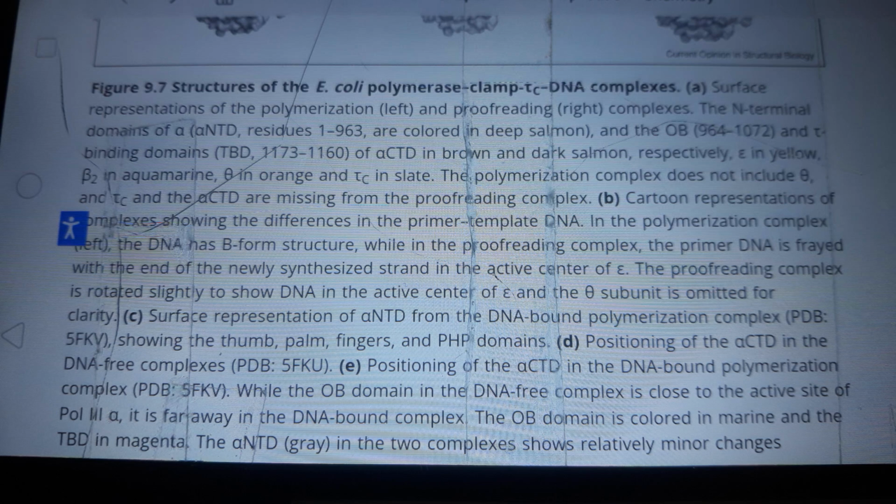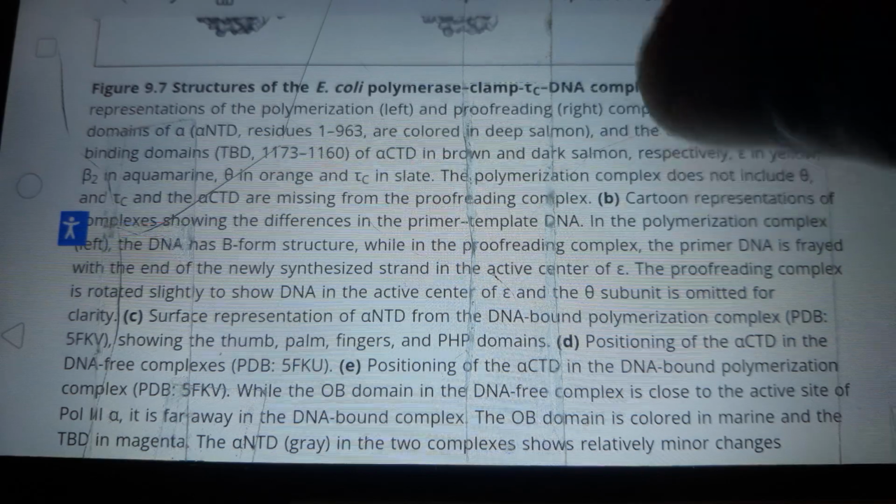The structure of the E. coli polymerase clamp TC, I read it as TC, DNA complex is a surface representation of the polymerization (left) and proofreading (right) complexes. The N-terminal domains of alpha, NTD, residues 1 to 196, are colored in deep salmon, and the OB domain, 964 to 1072, and the TBD, the tau binding domain, 1073 to 1160 of alpha CTD, in brown and dark salmon respectively, epsilon in yellow, beta in aquamarine, theta in orange, and TC in slate.